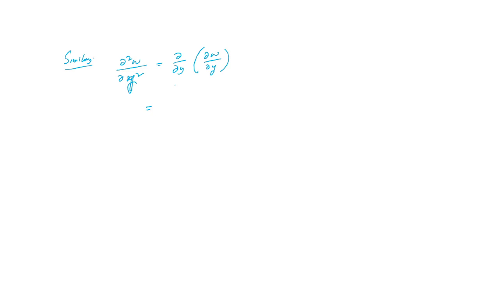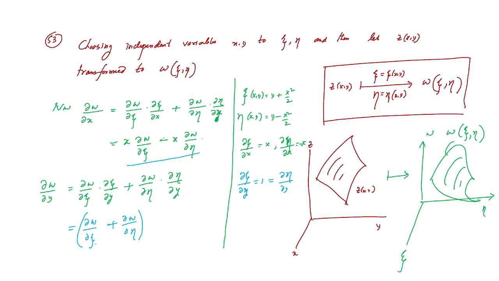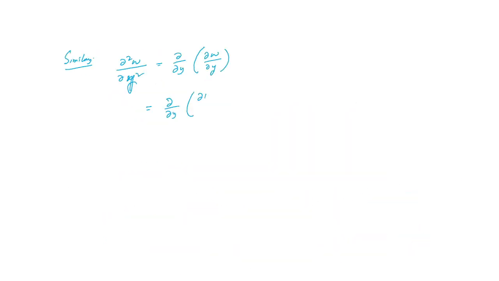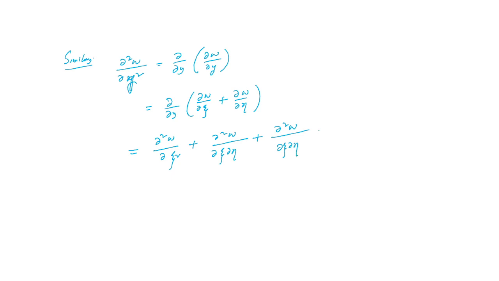So when you will put the value del y of del omega del y here, del omega del xi plus del omega del eta, and here you will calculate, that will be del 2 omega del xi square plus del 2 omega del xi del eta plus del 2 omega del xi del eta plus del 2 omega del eta square.